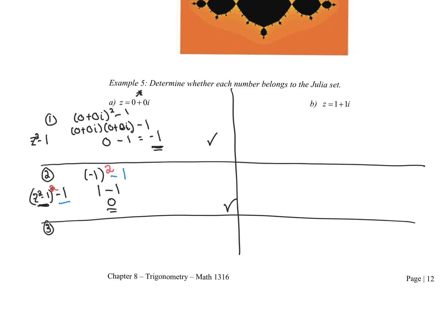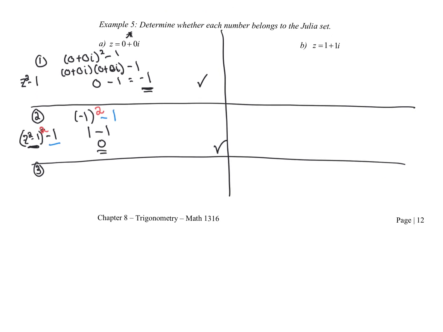And let's try the next one, because we have to keep going until we find the pattern that repeats itself. The next one from that pattern listed above was the quantity, parenthesis, z squared minus 1 squared minus 1 squared.